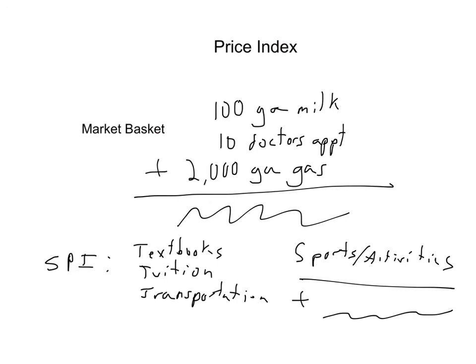Now, the measure that we normally use is called CPI for Consumer Price Index. So you'll hear CPI or Consumer Price Index a lot. So how do you actually calculate an inflation rate once you have a CPI? So let's do this.